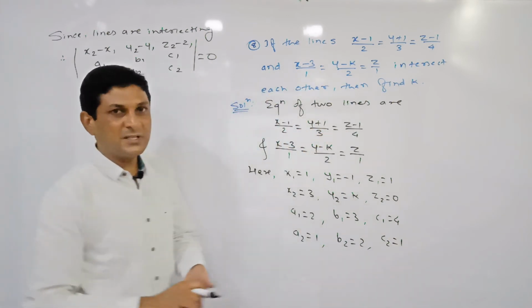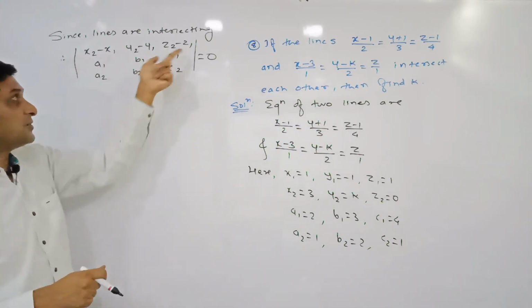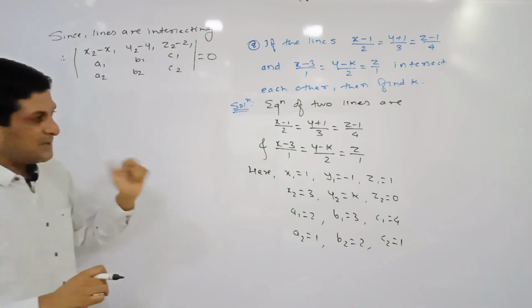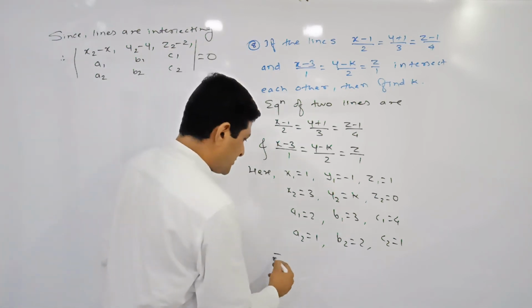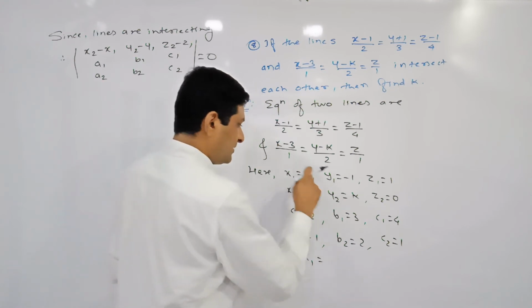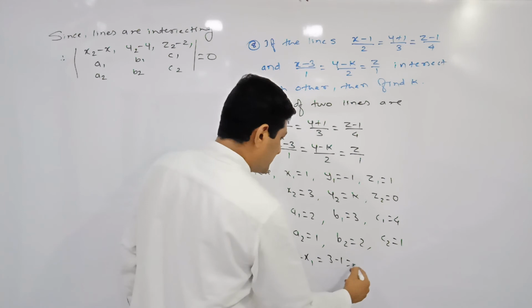Now observe the elements of the first row, x2 minus x1, y2 minus y1, z2 minus z1. It is better to first find these values. So x2 minus x1 is equal to 3 minus 1, which is 2.